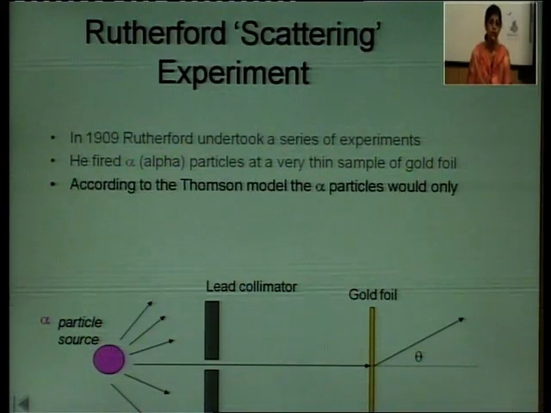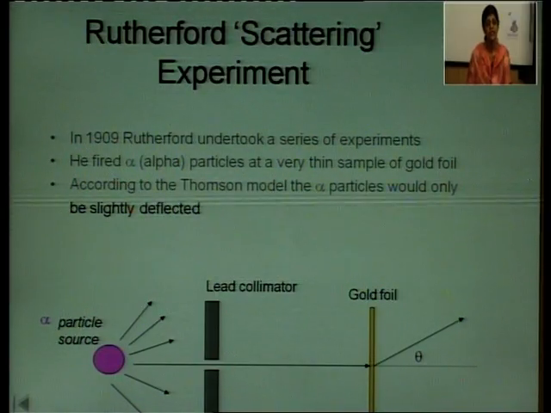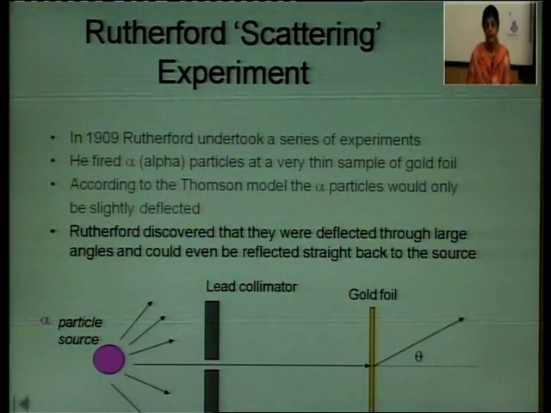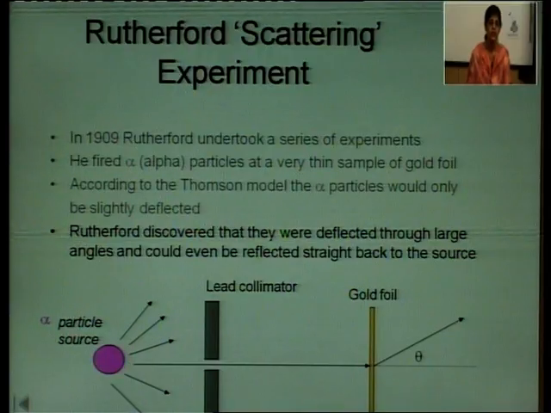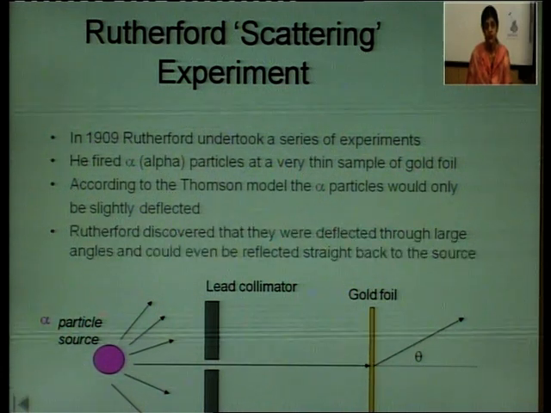According to Thomson's model, the alpha particles would only be slightly deflected by the gold foil. But Rutherford discovered that they were deflected through large angles and could even be reflected straight back to the source. Let us see how the setup of the experiment was.